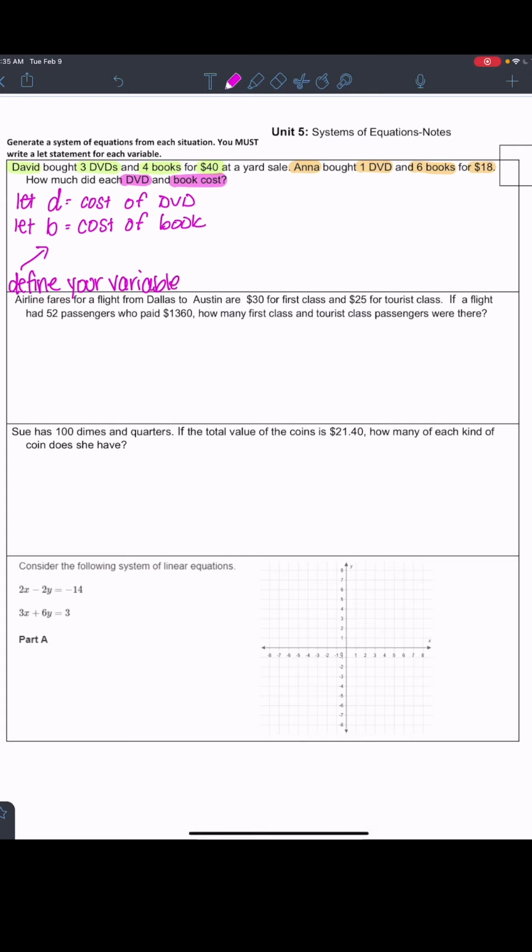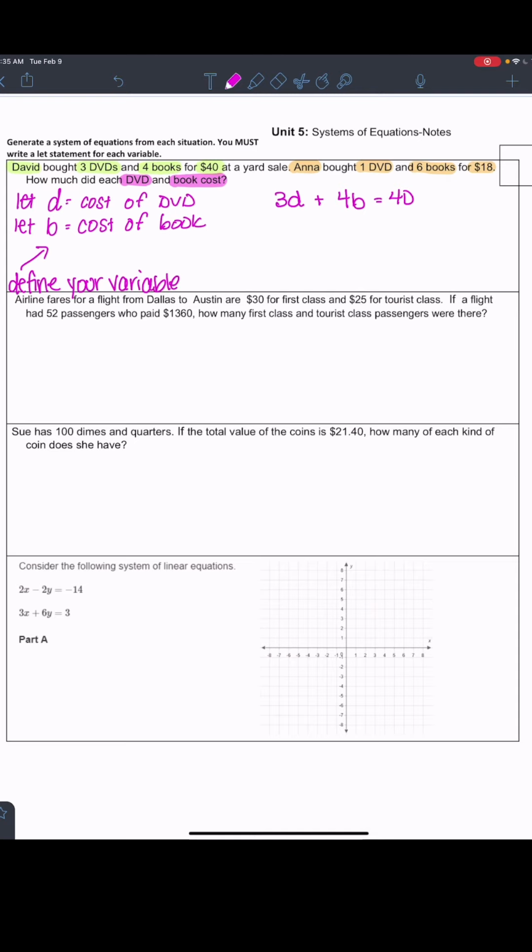So now that I've done that, I need to go back through and read so I can generate 2 equations because I have 2 situations. So David, he had 3 DVDs and 4 books, and that totaled $40.